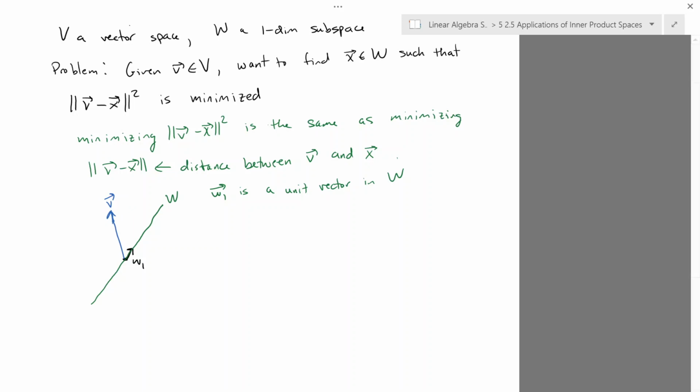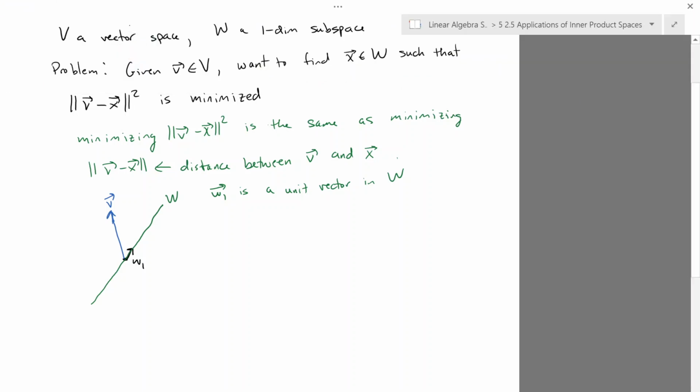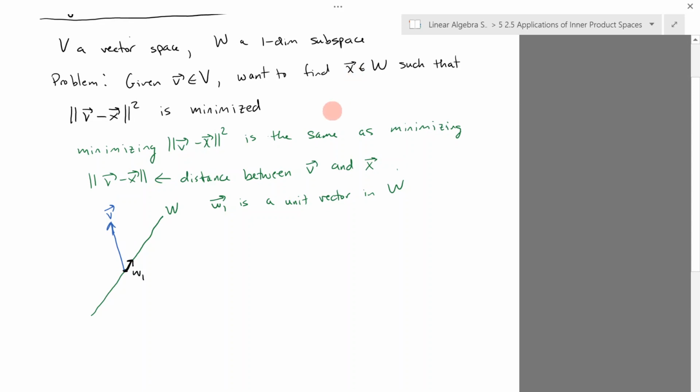Okay, so what does it mean to find this vector x that's in the vector space W and such that the distance is minimized with V, right? So the distance to V is just taking the points along W and trying to find the one that's closest to the tip of my vector V, right? So let's say I'm at this point in W. The distance to V is here, right?